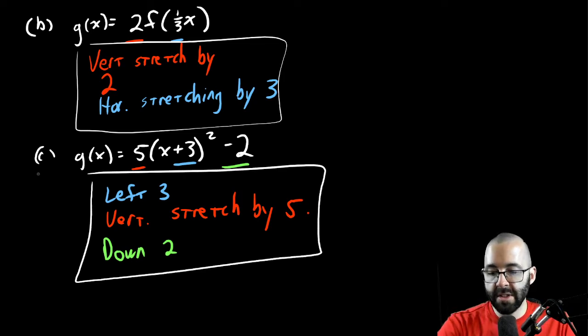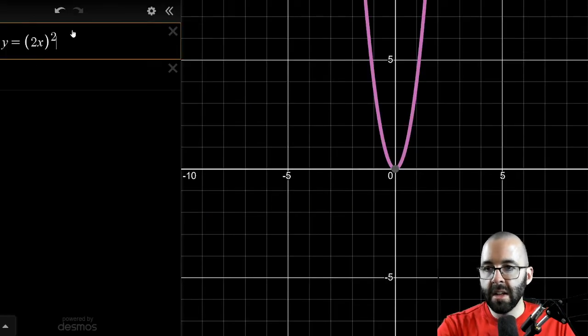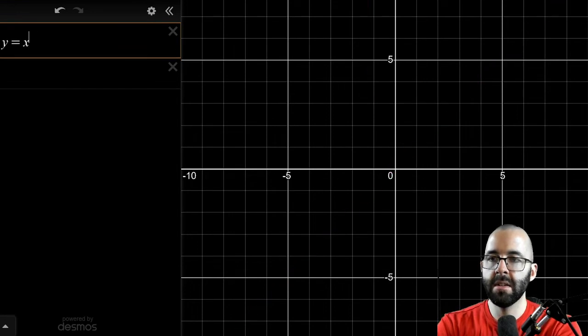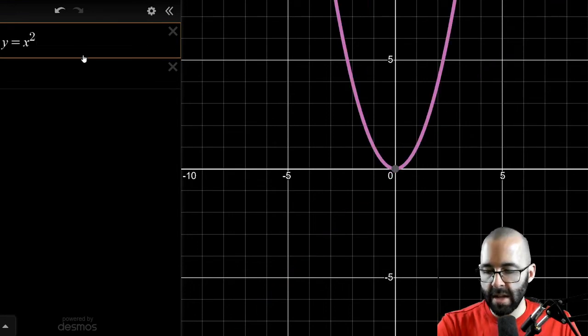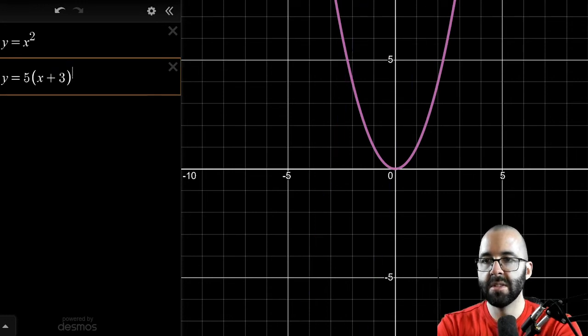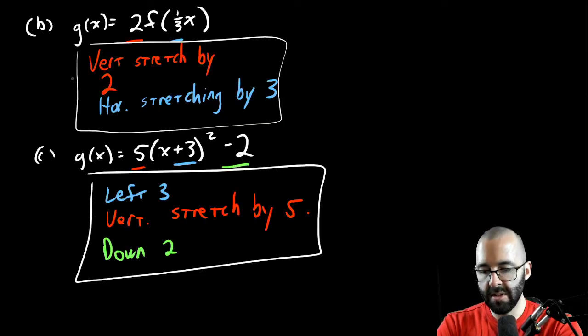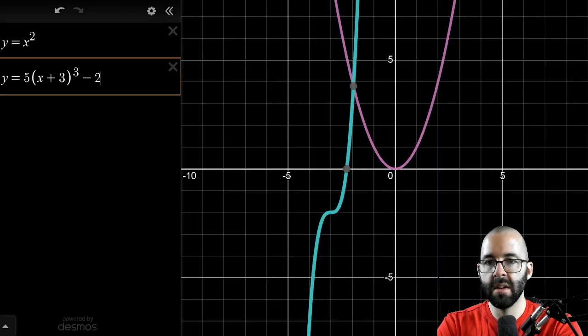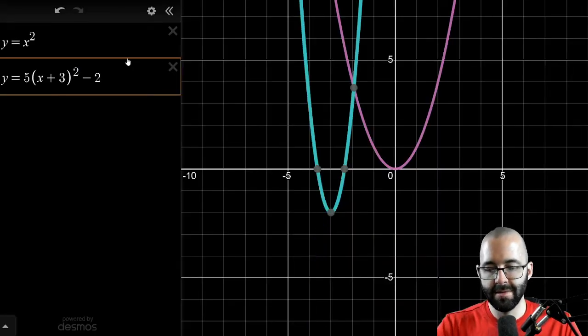And in this one, we can actually check our answer, right? If we look at a standard parabola, and then we say, okay, multiply it by 5, (x plus 3) squared minus 2. These should be very similar.